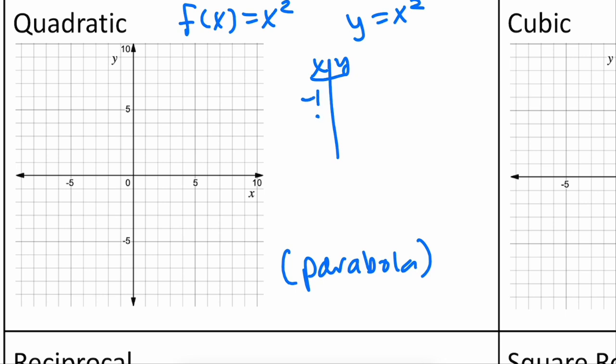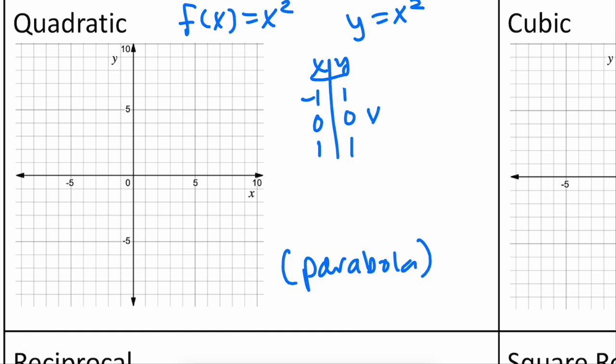And so think about the fact that for our symmetry, if we were to plug in -1, 0, and 1, -1 squared is 1, 0 is our vertex, and then 1 is also going to be 1, because these two, because of the symmetry, should always match. But if you plug in a -1 squared, you get 1. If you plug in a +1 squared, you get 1. So hopefully that just makes sense.